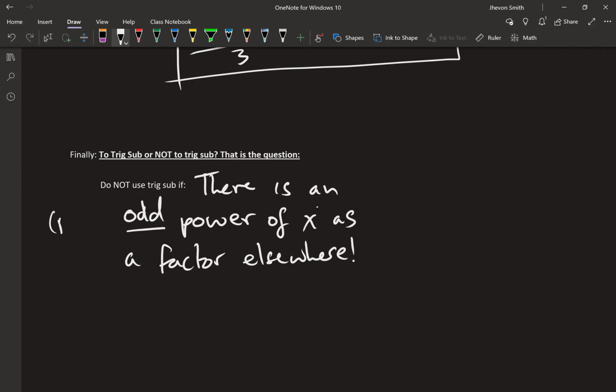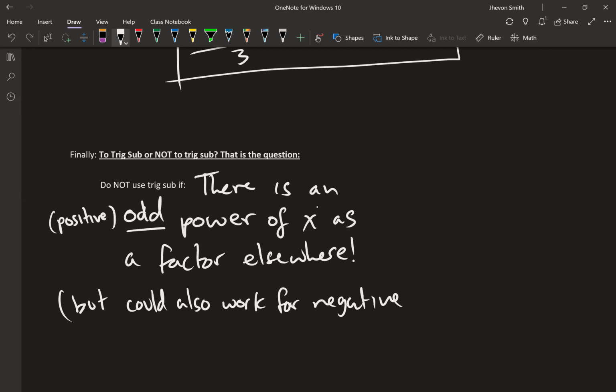Now you can think of positive odd, but it could also work for negative odd powers as well. But we'll usually need another technique, which I haven't taught you yet.